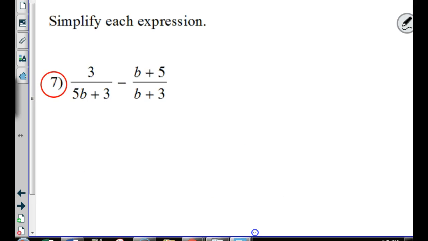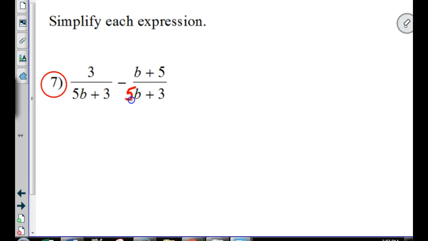Okay. Number 7. I'm going to do 7 and 8 because these are subtraction, and subtraction is painful for students because they forget to distribute the subtracting. All right, what's the common denominator going to need here? Can I just put a 5 here and we'll be good?